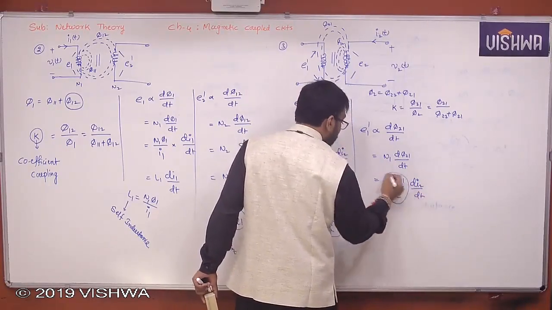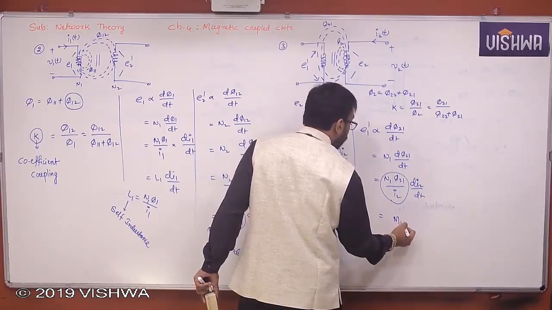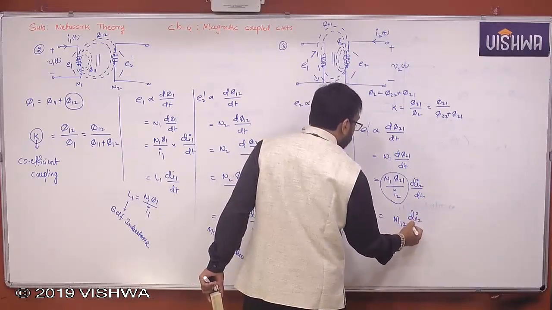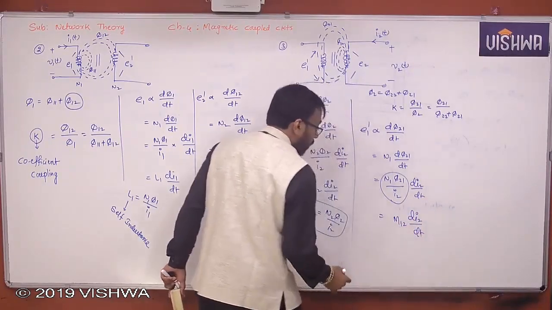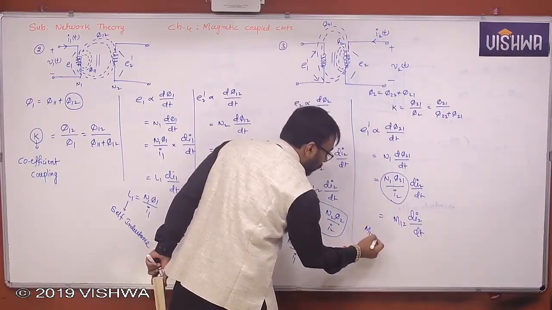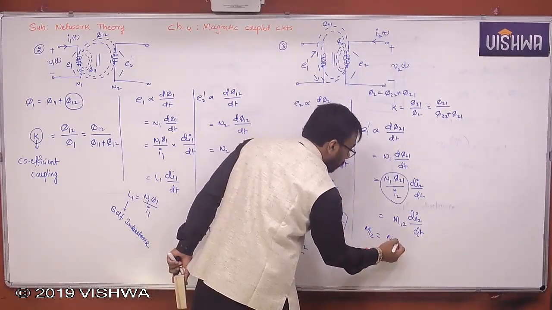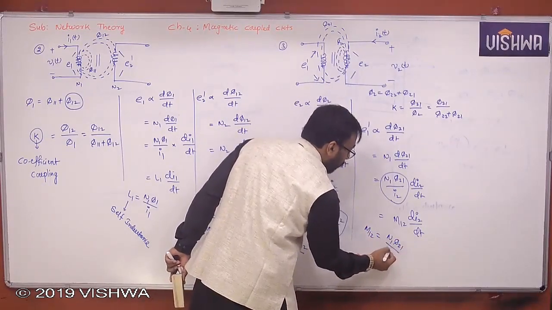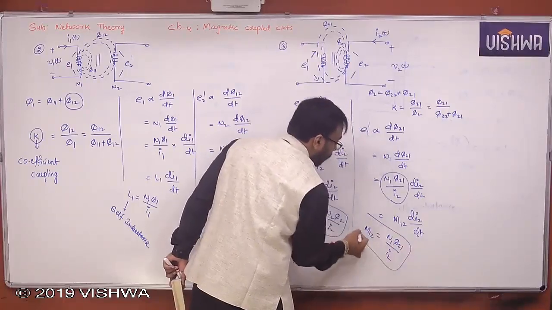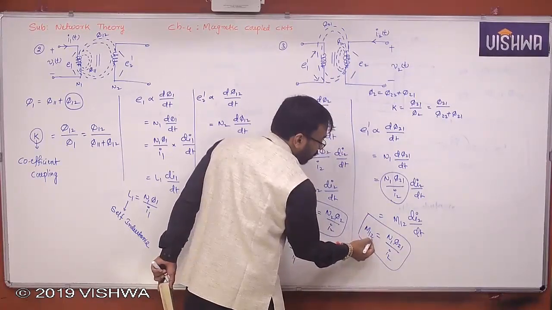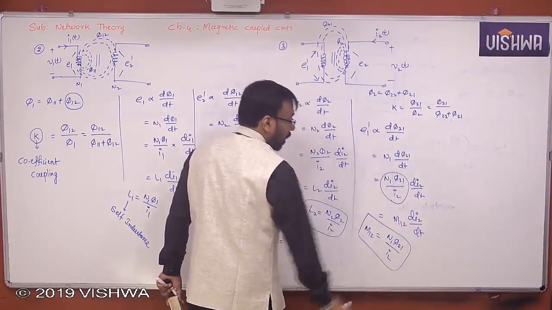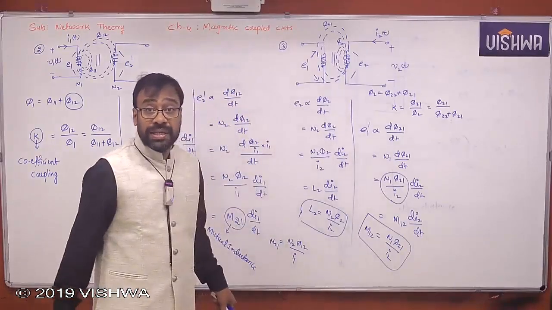Now this term is M12, times di2 by dt. M12 is N1 phi 2 1 by I2, the EMF induced in the primary coil due to the excitation of the secondary coil. I hope you understand the point.